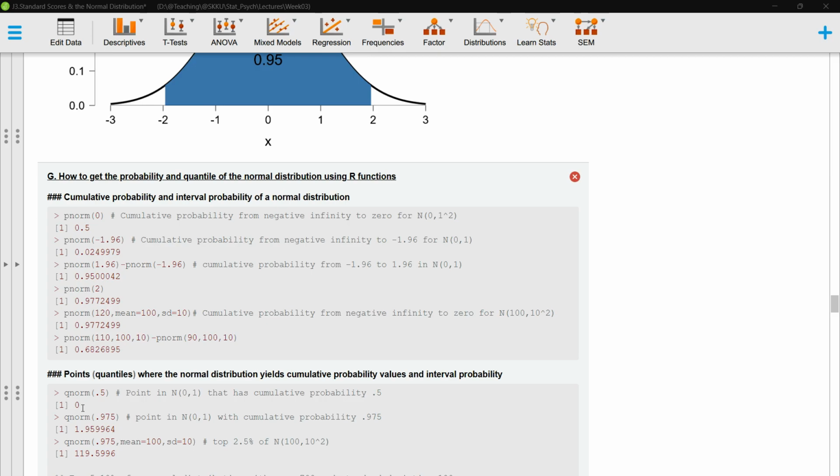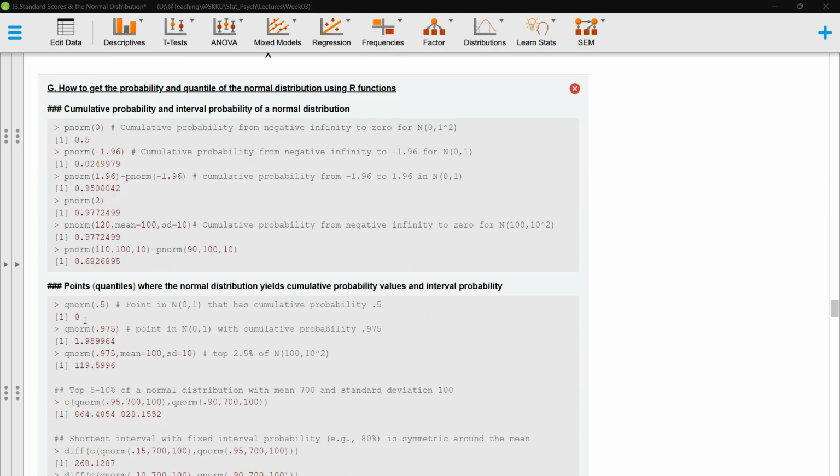So you know what I'm saying? The probability of normal distribution up to 0 is exactly 0.5, and so that's the reason why we have the location of 0 for the standard normal distribution. That gives us the cumulative probability of 0.5 up to that point.